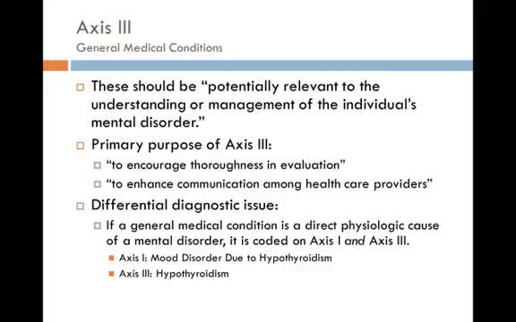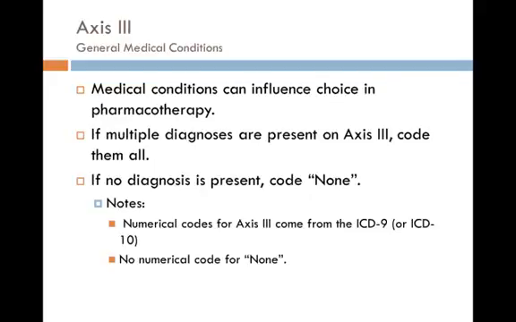So in addition, with the Axis 3 general medical conditions, it relates to medical conditions that can be influenced by psychotherapy, by pharmacotherapy, so medications. So there are times when medical conditions can influence one's choice in the kind of psychopharmacology that would be best used for treating the individual.